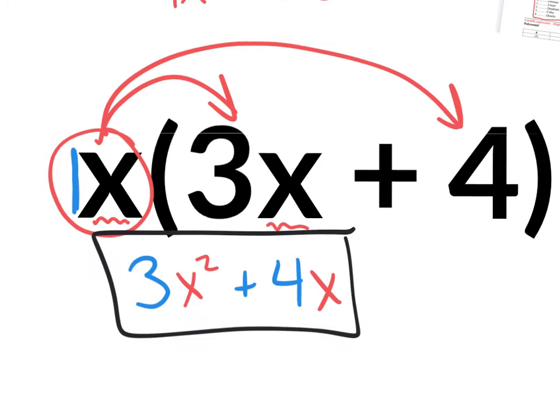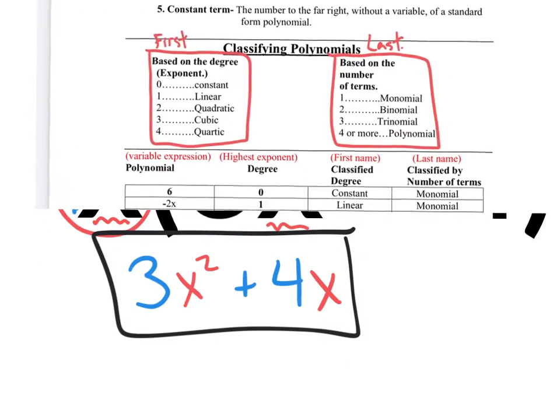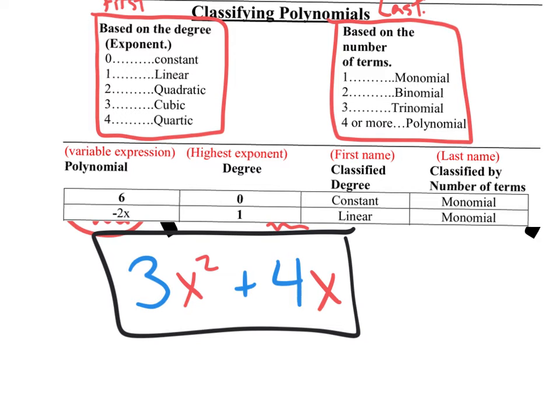What if I asked you to classify this? What would the classification be? Anybody? In case you forgot, we have our notes right here. The first name is going to be based on the degree, the highest exponent, and the last name will be on how many terms you actually have. Could somebody type it in?